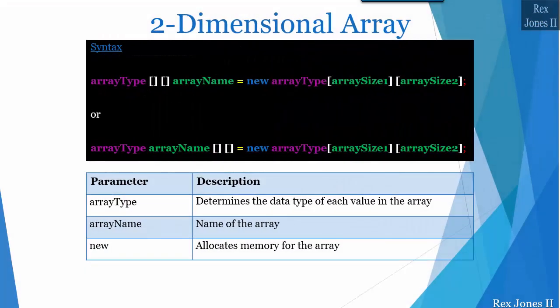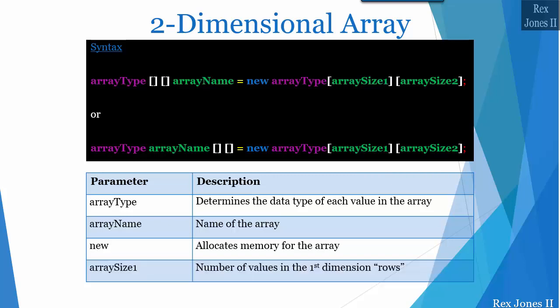Let's look at the multi-dimensional array. Multi-dimensional arrays are arrays where the elements are arrays themselves. It's considered an array of arrays. The most common multi-dimensional array is a two-dimensional array. Notice there are two sets of square brackets.